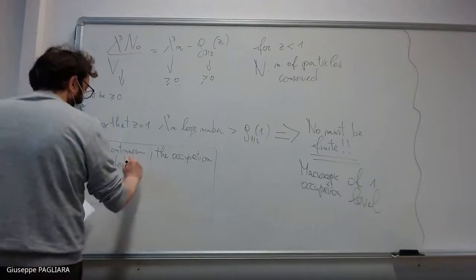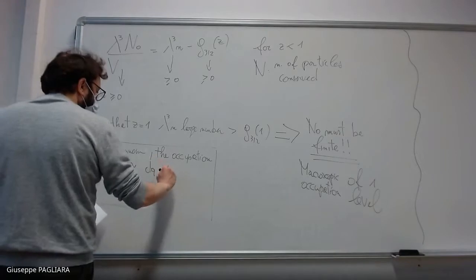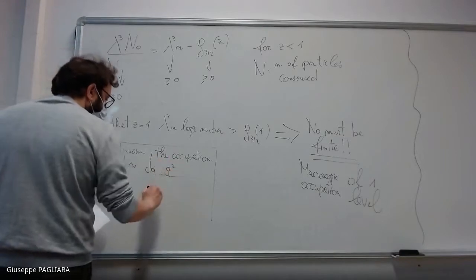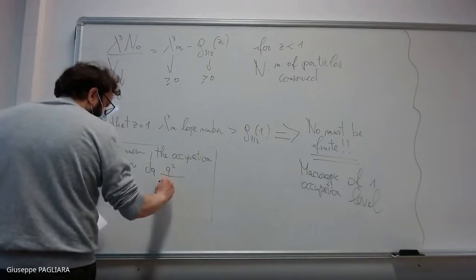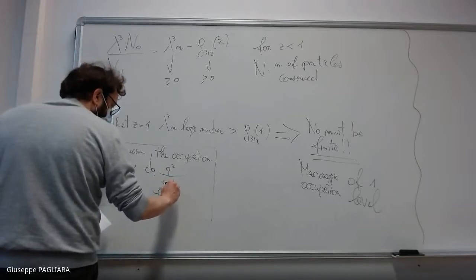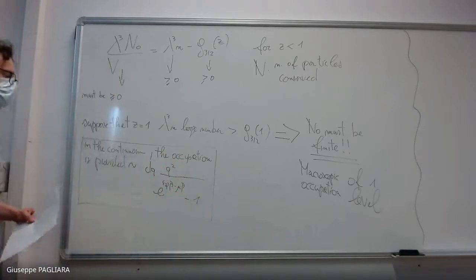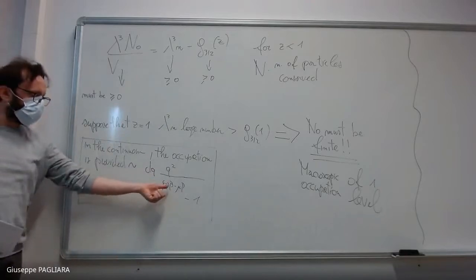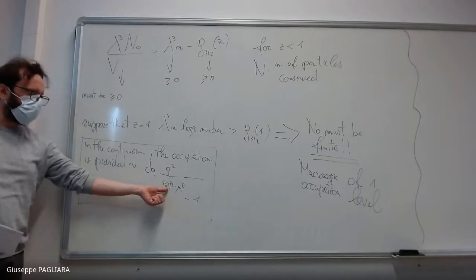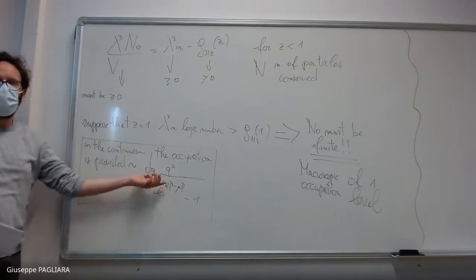So in the integral, I have an integral over dq of q squared, and here I have e to the power of beta epsilon_q minus beta mu, and then minus 1. So in the continuum, the occupation of a certain state characterized by a wave number q is provided by this function here. So it's a differential.